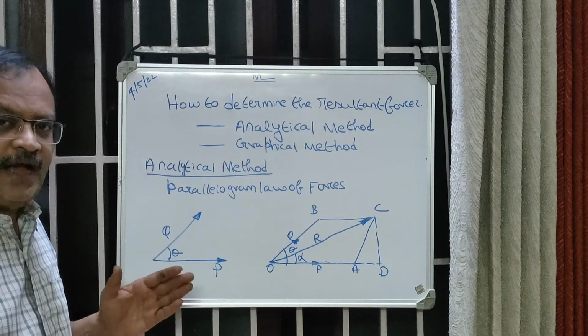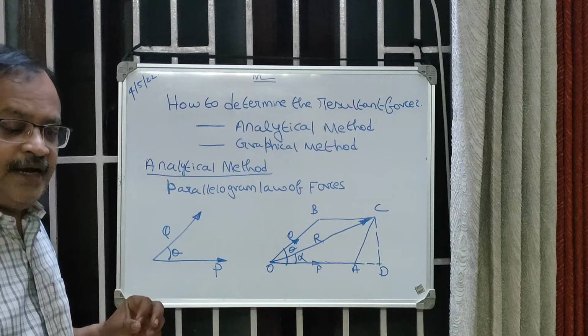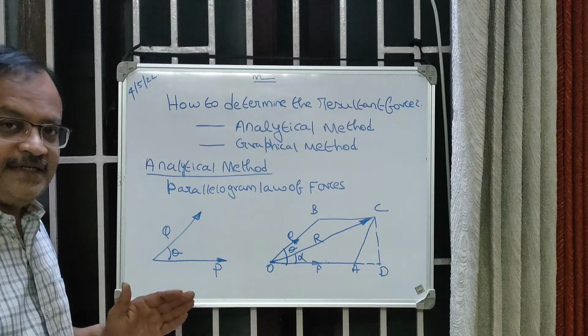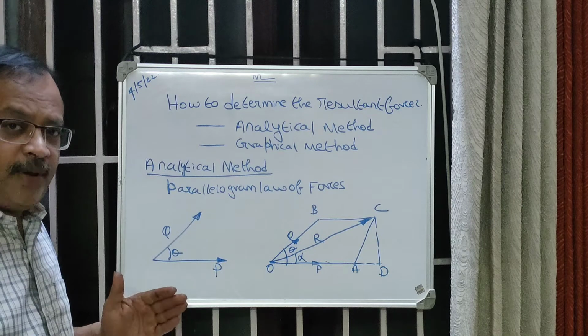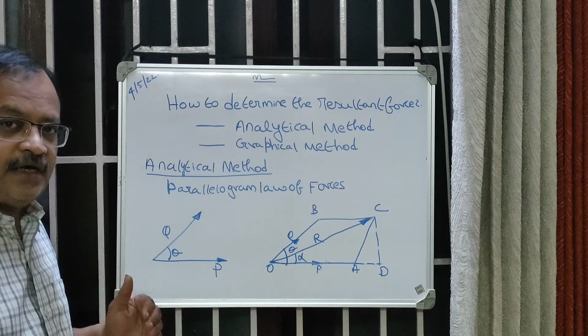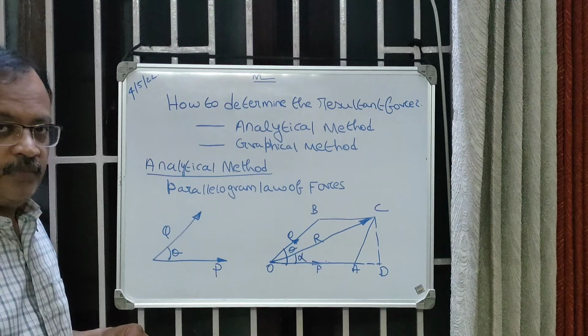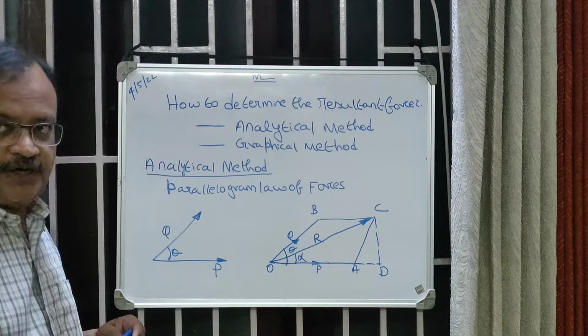If two forces acting on a body or a particle are represented in magnitude and direction by two adjacent sides of a parallelogram, then the diagonal of that parallelogram represents the resultant force originating from that point. I will give the parallelogram law in the description.